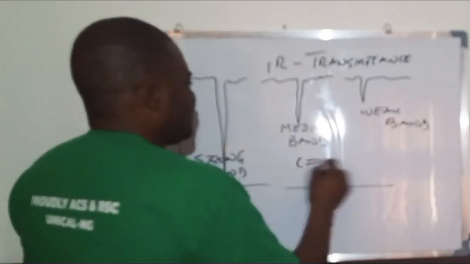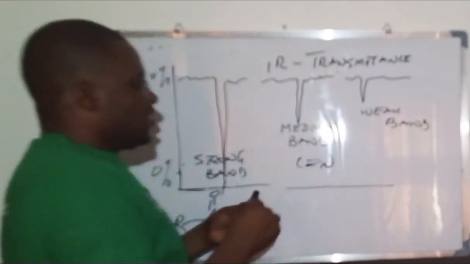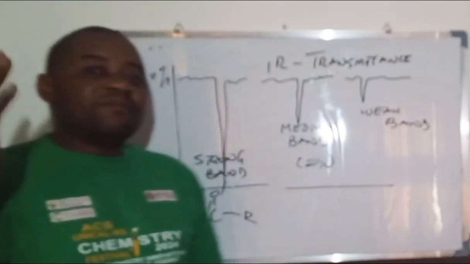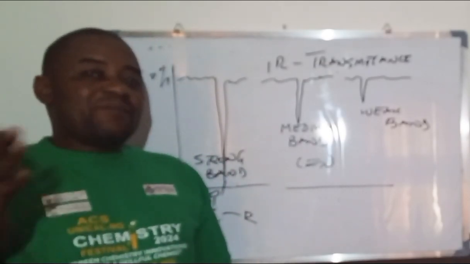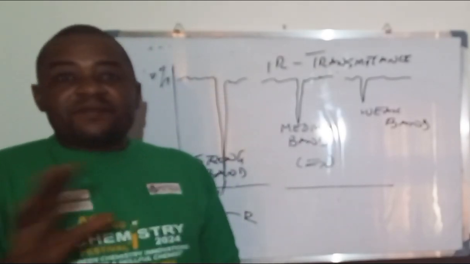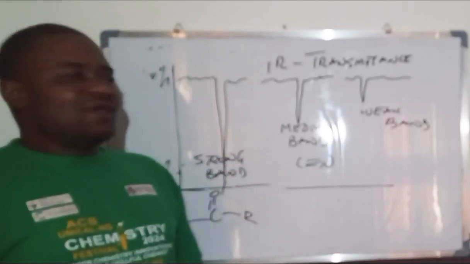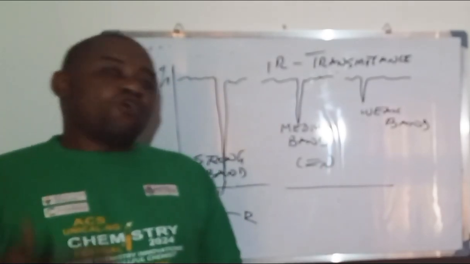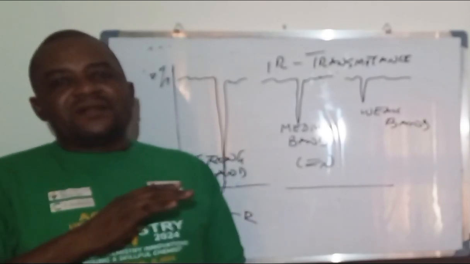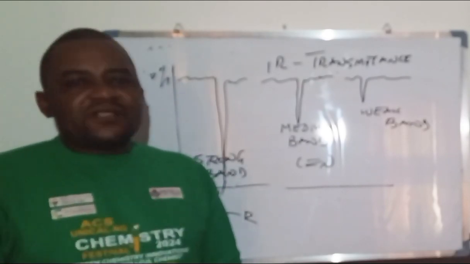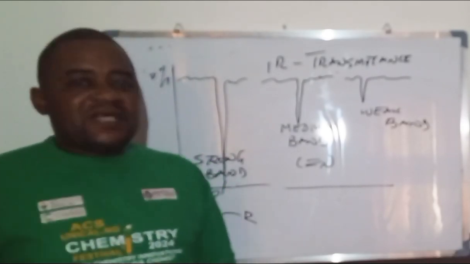The same thing happens with the weak bands. Weak polar bonds or symmetric bonds, as the case may be, will always produce either weak bands or peaks, or will produce what? Bands that are not visible or observable.